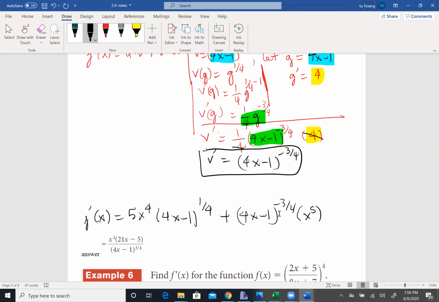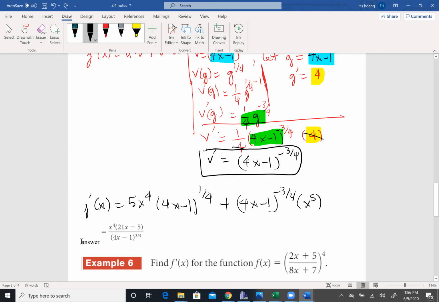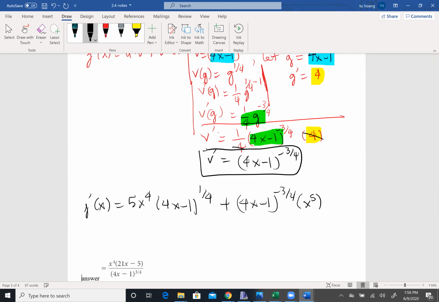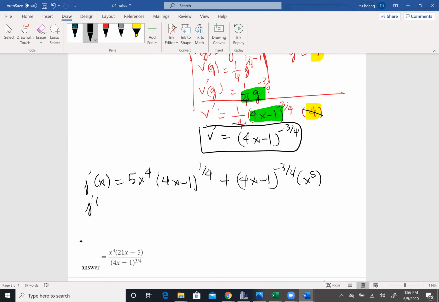Let me see. So I have f derivative of x will be equal to 5x. Oh, okay, I noted that. Oh, this one is this one.